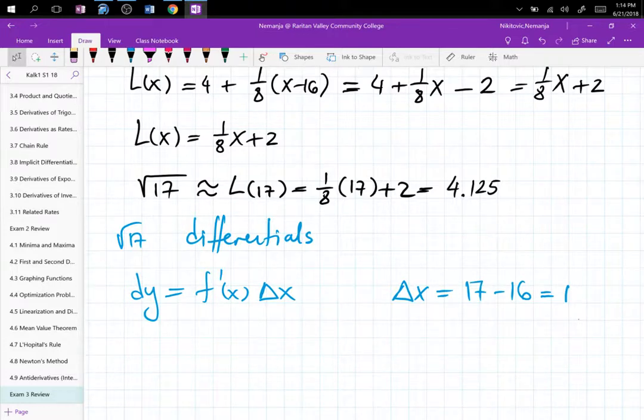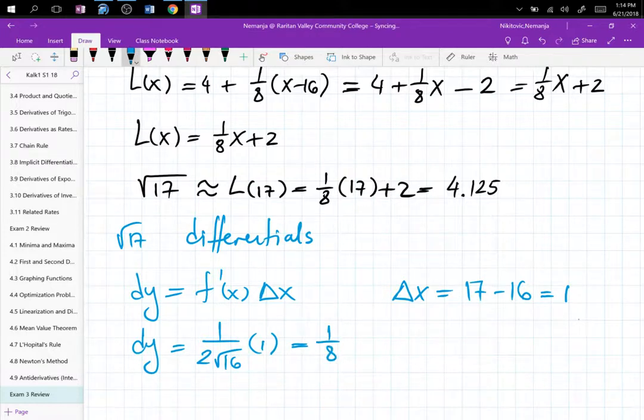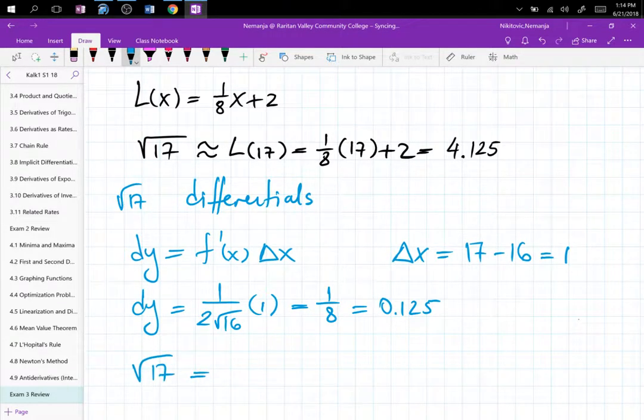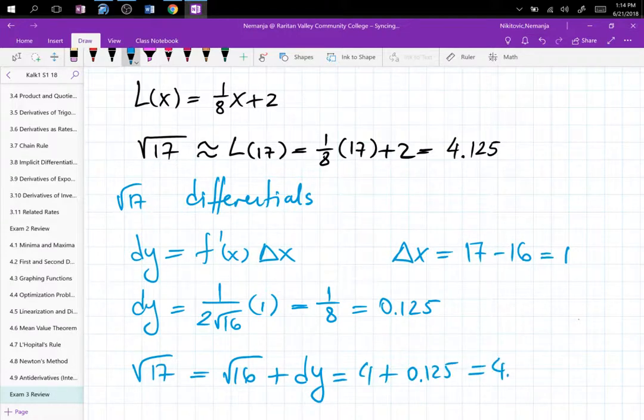So dy is the derivative computed at 16, 1 over 2 root 16, times 1, which is 1 over 8, or 0.125. Now the square root of 17 is the square root of 16 plus the approximate change, so 4 plus 0.125, giving you 4.125. Ta-da!